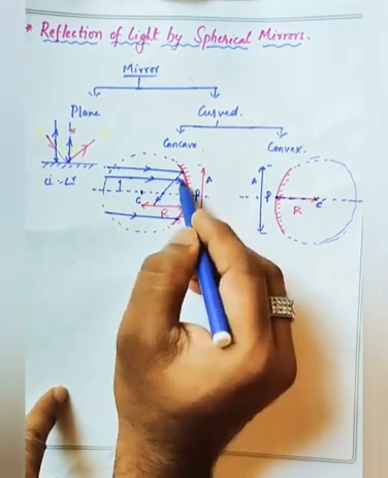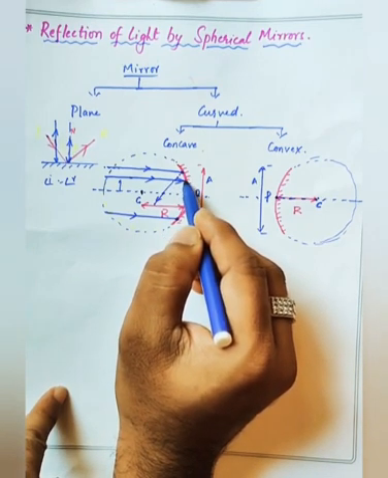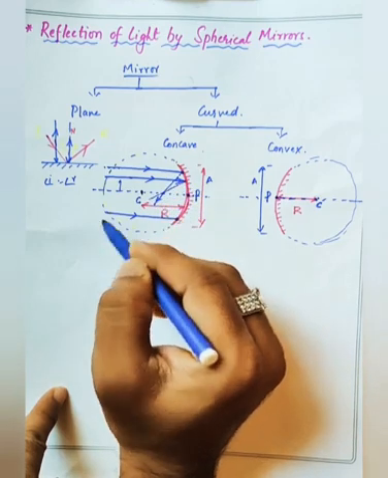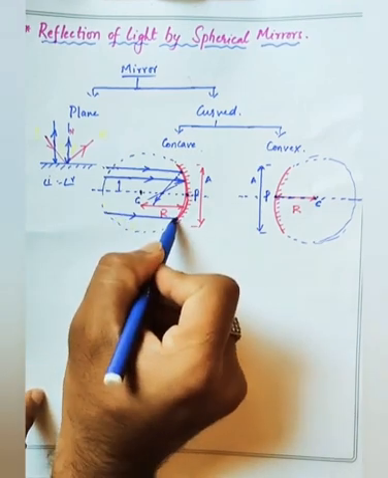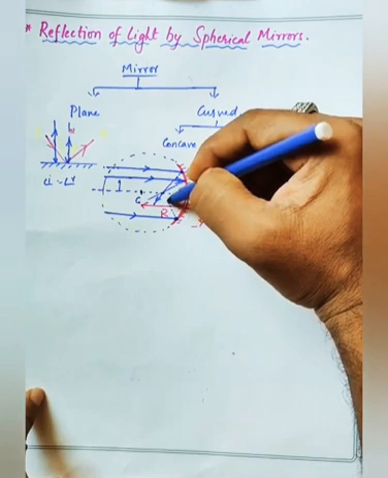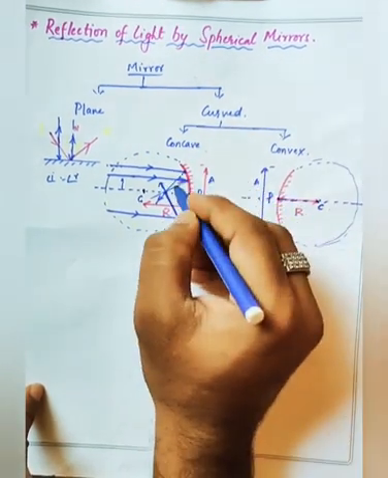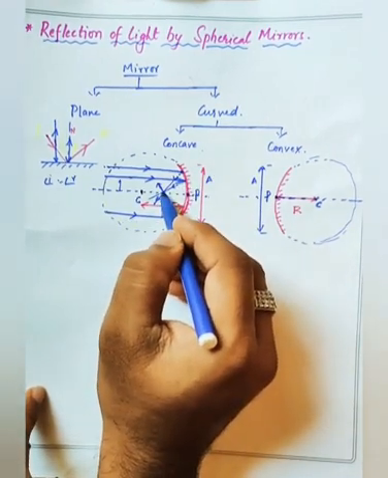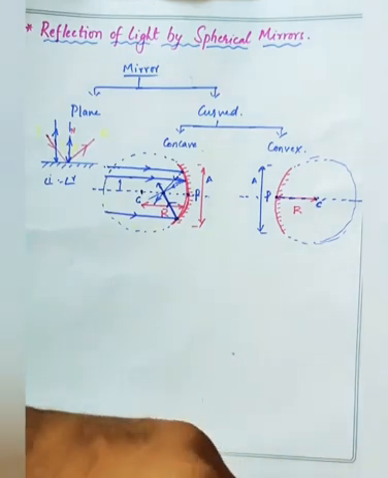What about this line? After getting reflected, it also comes like this. And what about this ray? Once it strikes here, it will also move like this. Okay, so this particular point is called the principal focus.